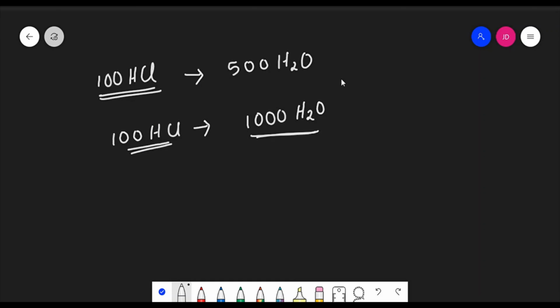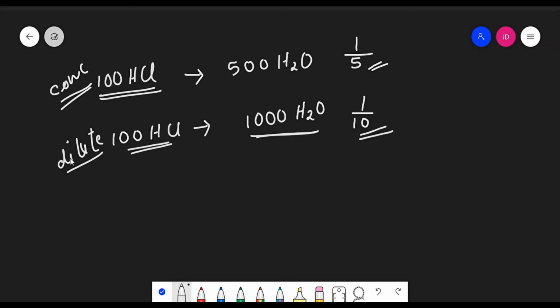Here the ratio is 1:5, here the ratio is 1:10. Obviously smaller ratio means bigger value. So this was strong, this will definitely become a little weak, dilute. That means in order to convert concentrated acid into dilute acid, simply add water.